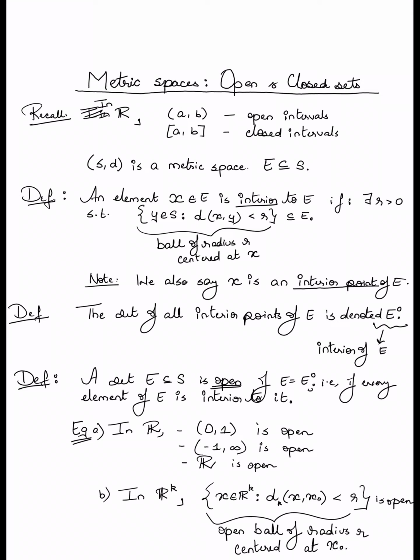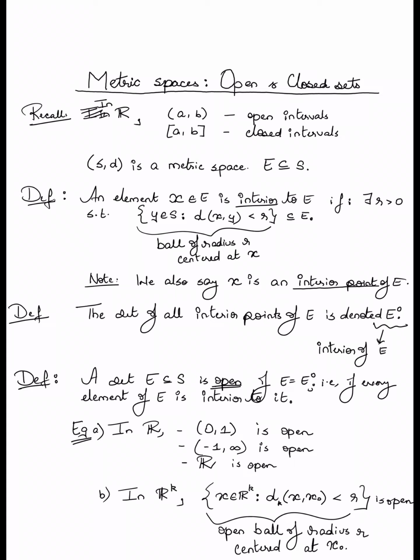Now I have stated these all as examples. To justify that these are indeed all open sets using our definition of openness just above is being left as an exercise. Showing that all these four sets that I have written down here are open is something that I'm going to leave to you.